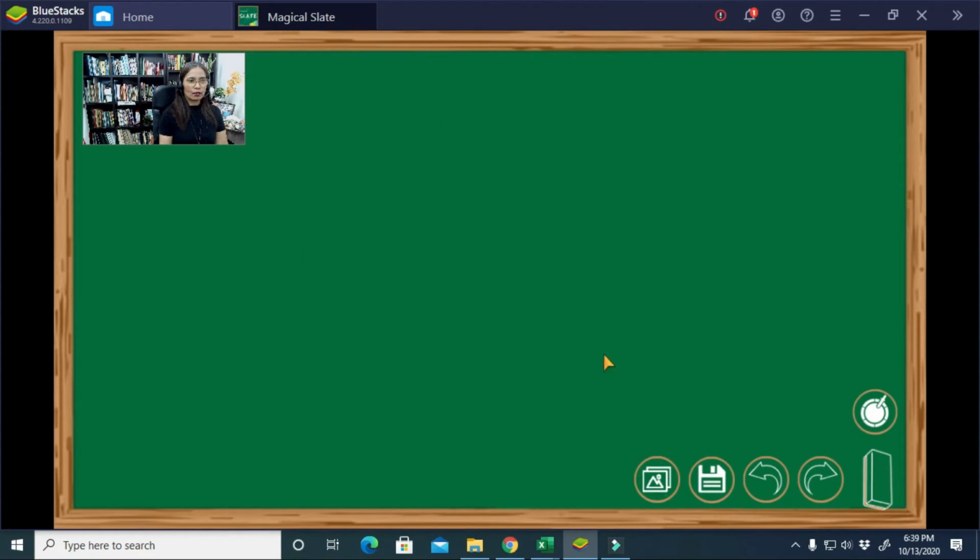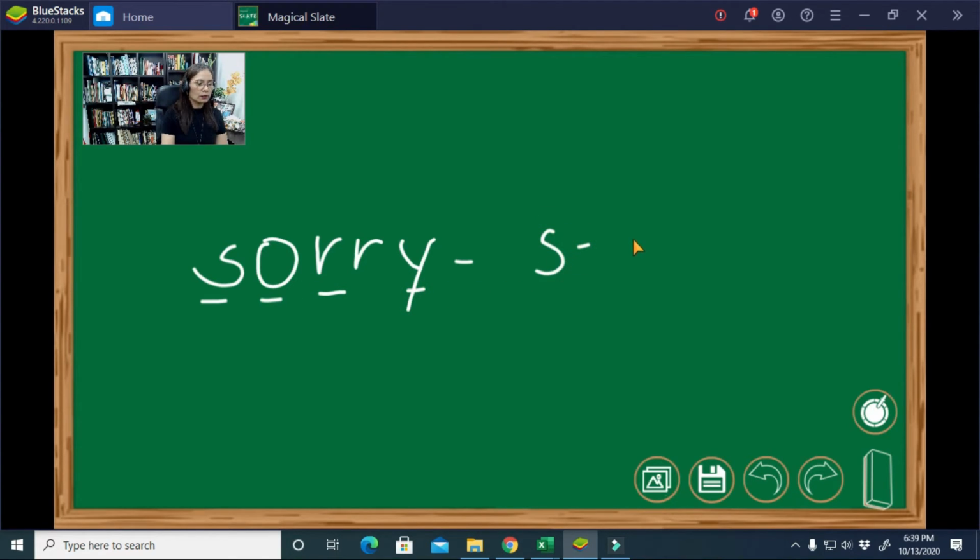Alright. Next example, we do have the word, what is this? Yes, it is pronounced as sorry. So meaning we do have S sounds, short O, R, and E. So that is S. Okay, can you see that?